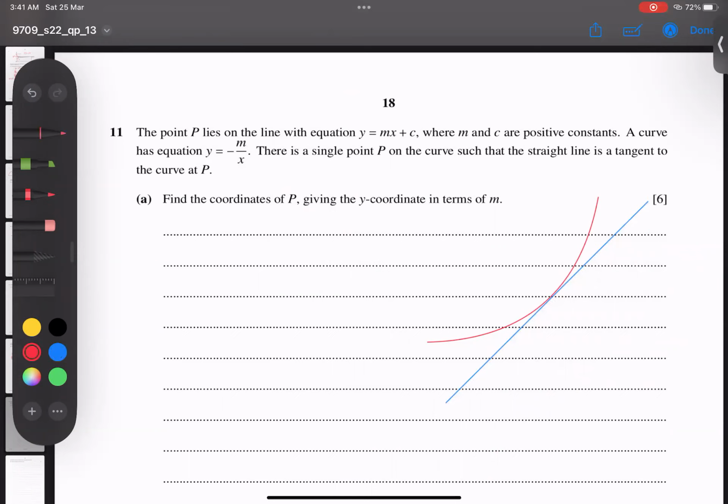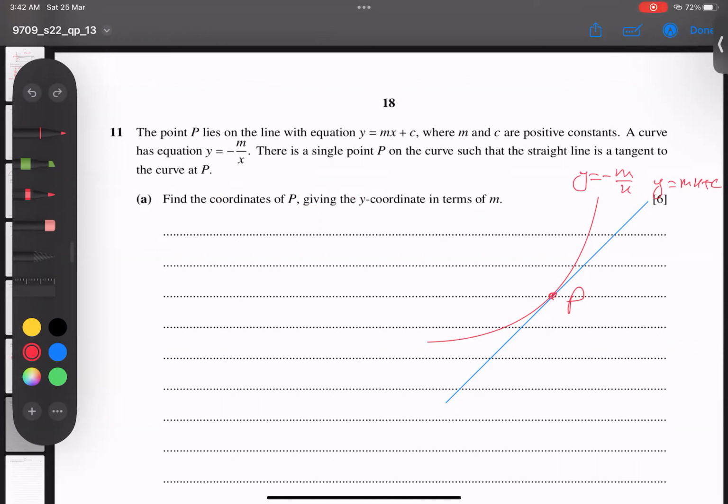He's saying here that y equals minus m over x, and the line is y equals mx plus c. All right, he's saying that there's a single point P, this is a point P on the curve such that the straight line is a tangent to the curve at P. So find the coordinates of P, giving the y coordinate in terms of m.